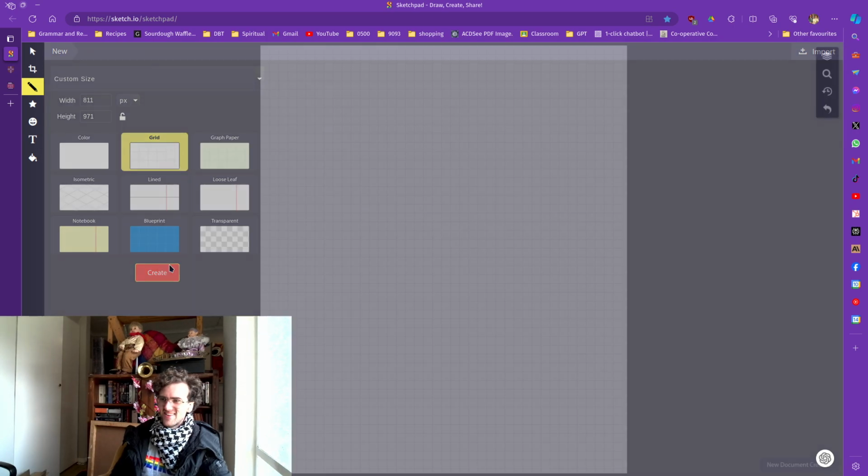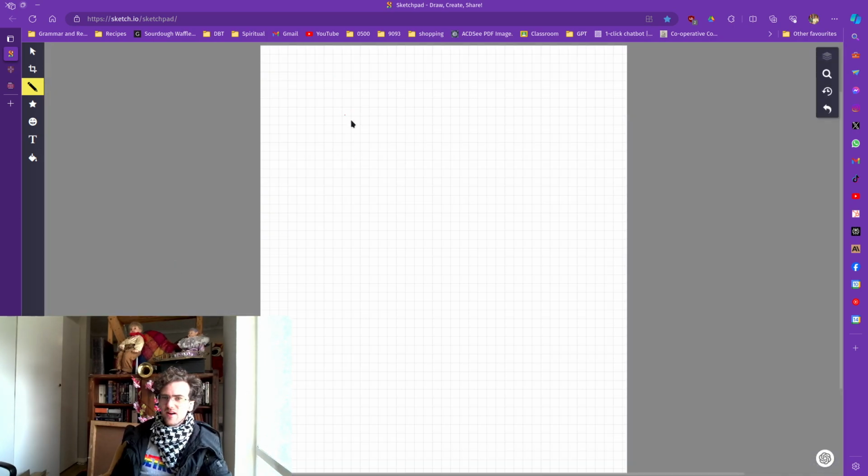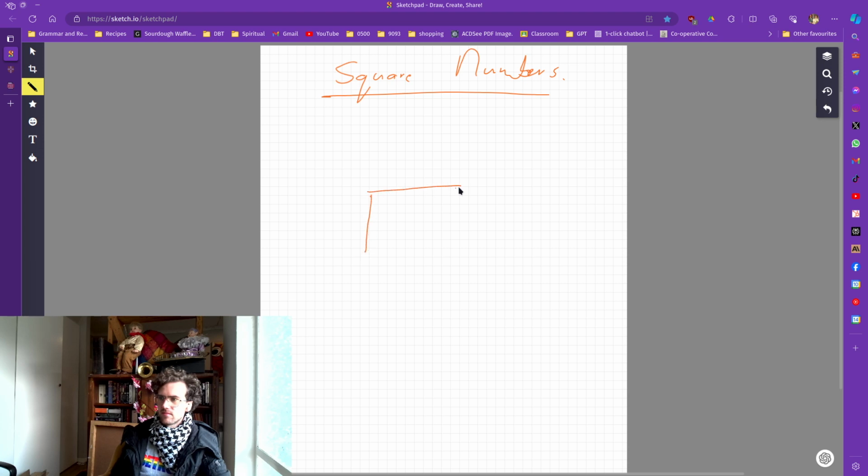Okay. Now, the next one I want to look at is square numbers. This one's pretty fun because if I take a square, what do I know about a square?